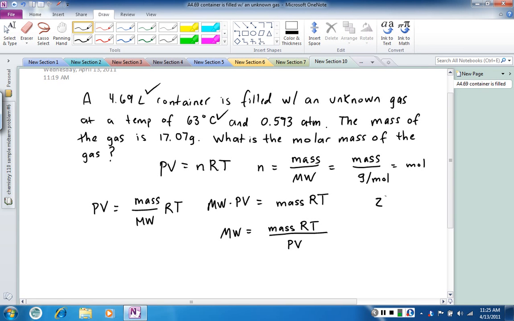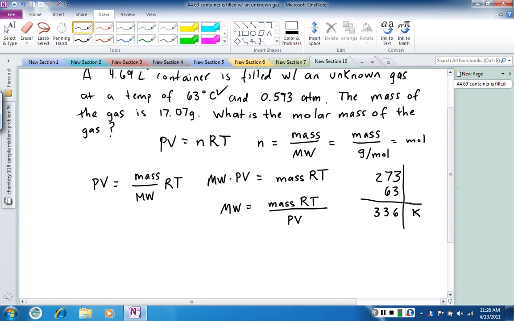Conversion is 273 plus 63 will give us our Kelvin temperature, which is 336. Now, Dr. Radcliffe's class apparently uses 273.16 when they convert Kelvin. My course only uses 273 by itself, so we go to 336 Kelvin.